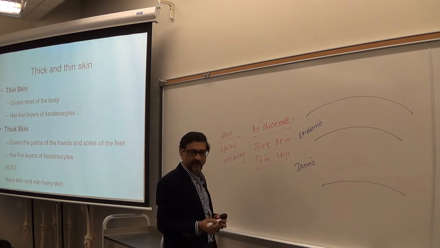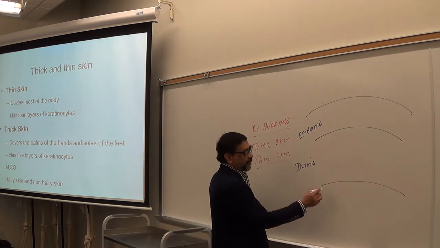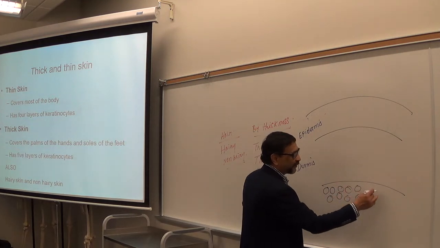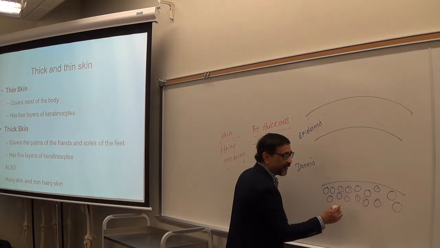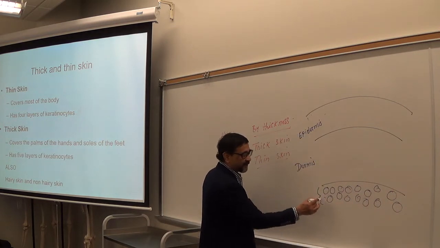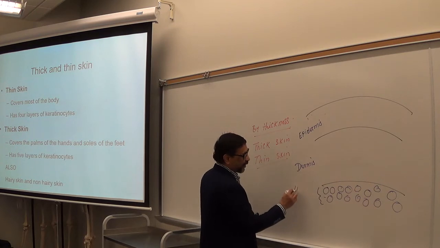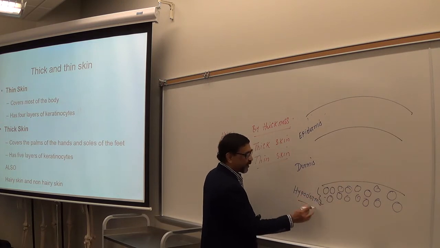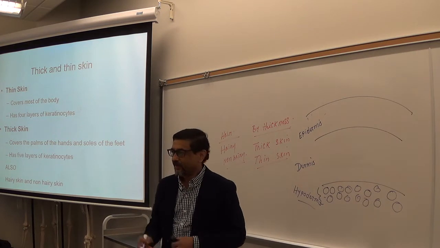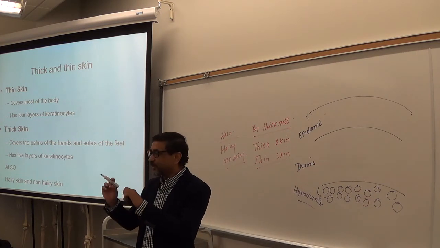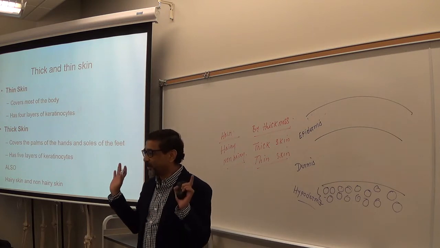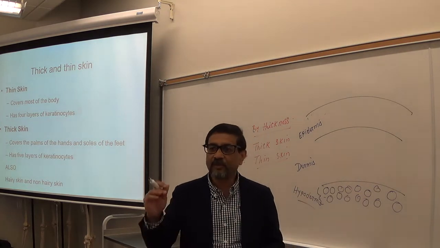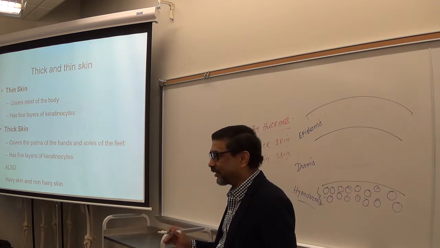Outer epidermis, inner dermis. Under the dermis or skin, you have another layer which is not a part of the skin. Remember, this layer is not a layer of the skin. This is under the skin. It is called hypodermis, or subcutaneous layer. Sub means what? Under. Cutaneous means skin. When we say cutaneous receptors, that means skin receptors, right? So subcutaneous is not a layer of skin, it is under the skin.